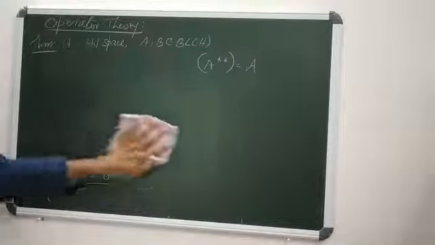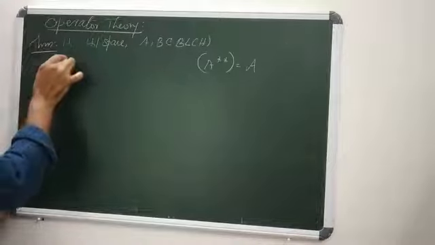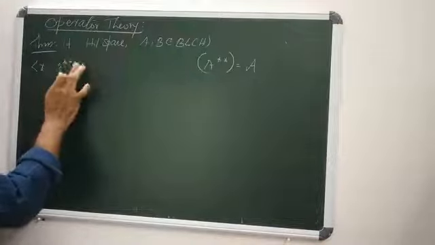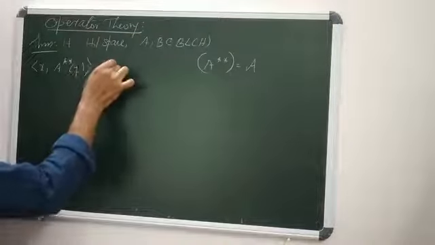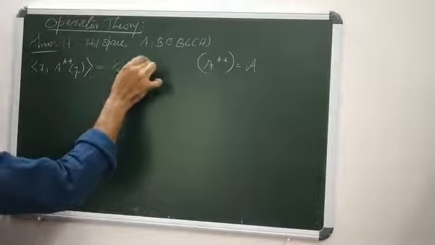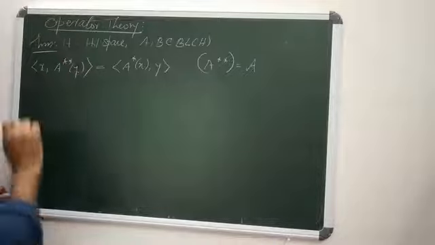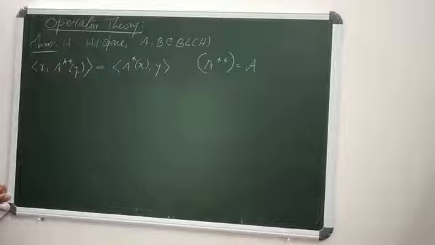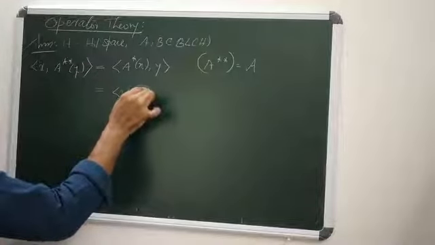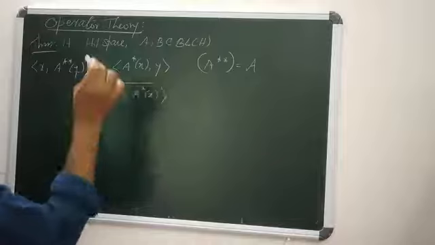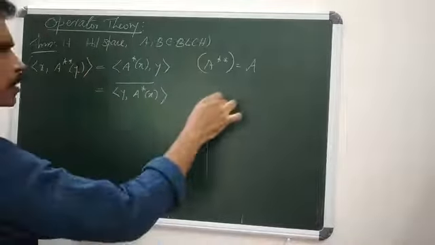You can start from inner product X, A star star of Y. By the definition of adjoint, it is inner product A star X, Y. Inner product A star X, Y is the conjugate of inner product Y, A star X. We know inner product X, Y equals the conjugate of inner product Y, X; that is the property of inner product.